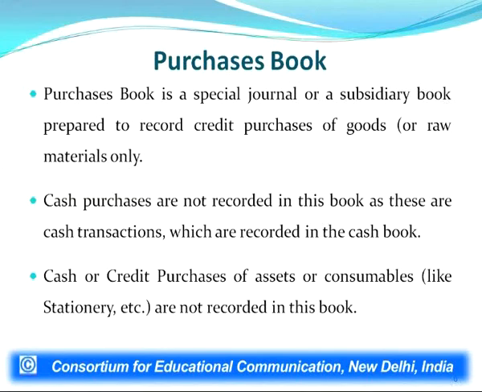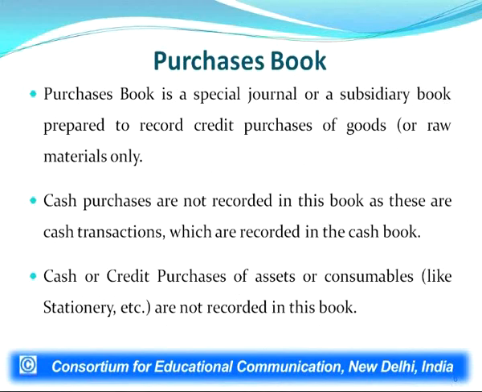Another important point is that cash or credit purchases of assets or any other consumables are also not recorded in this book. Cash purchase of an asset like furniture or machinery is part of cash transactions, so it will be recorded in the cash book. And credit purchase of an asset shall be recorded in the journal proper, because the asset is not goods.